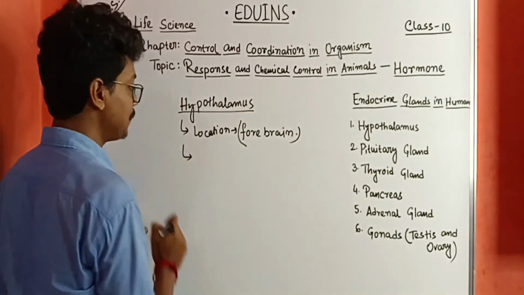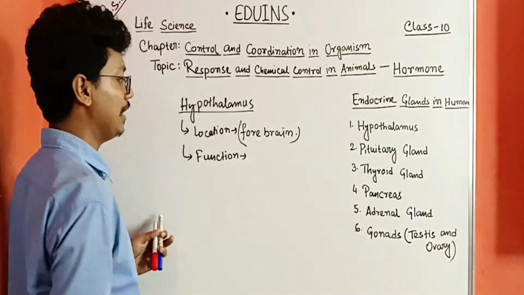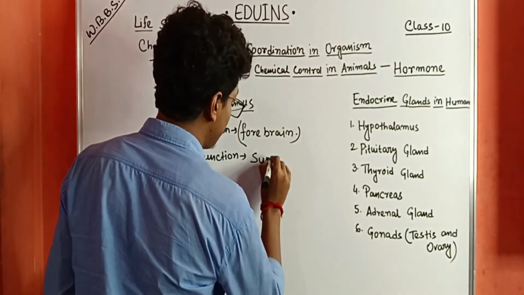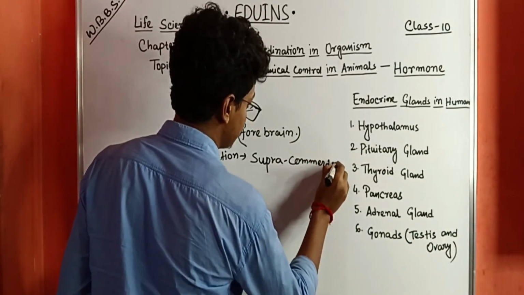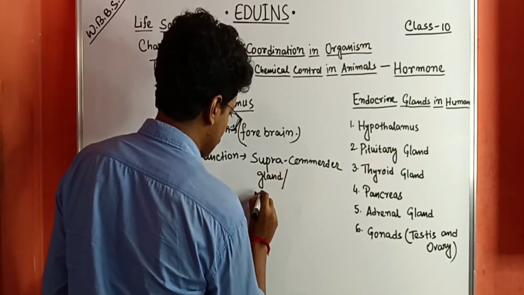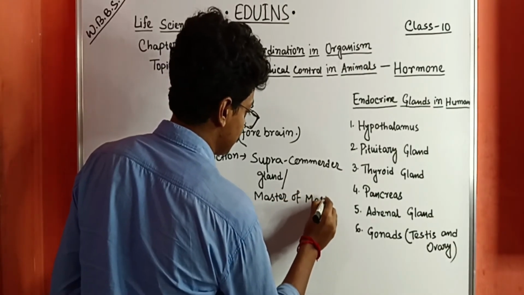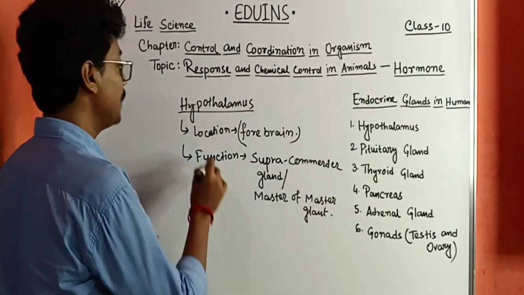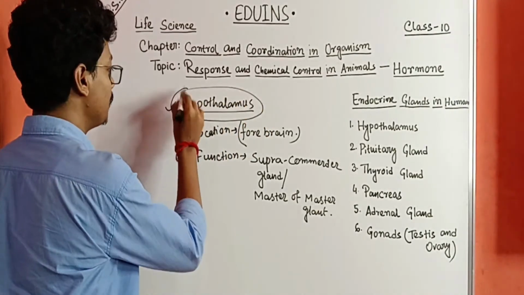What is the function of the hypothalamus? The hypothalamus is known as the supracommander gland, or the master of master gland. Why? Because the hypothalamus regulates all the hormone secretion in our body.